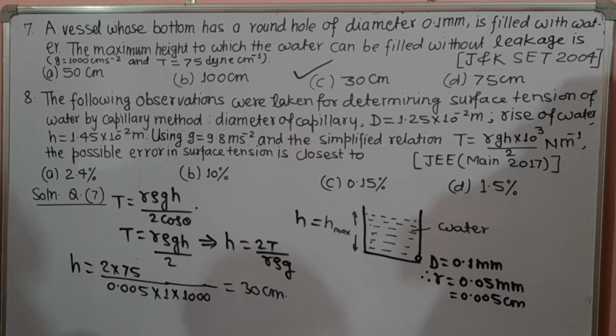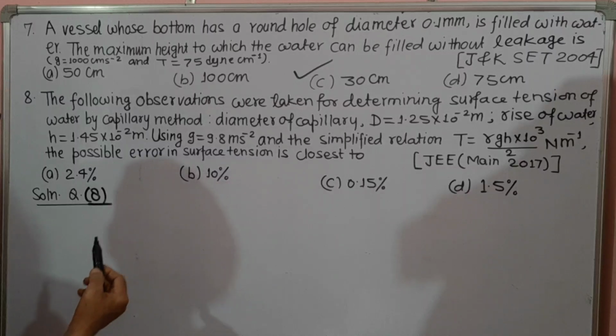Using g is equal to 9.8 meter per second square, and the simplified relation T is equal to r g h into 10 to power 3 upon 2 Newton per meter. The possible error in the surface tension is closest to, these are the options.